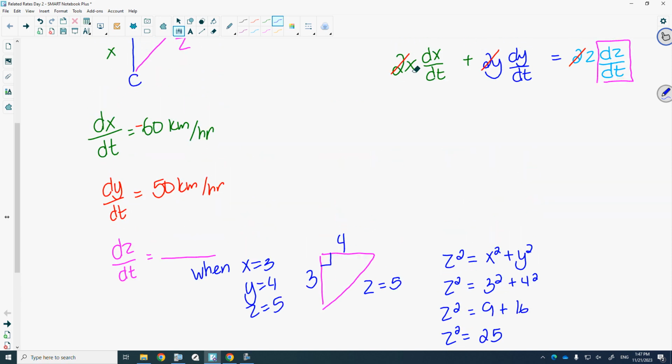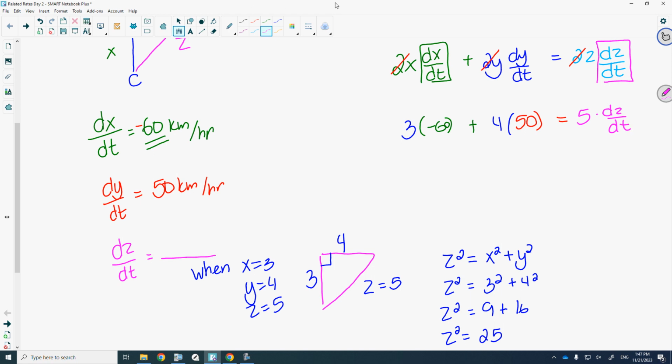Okay, so x was 3. So that was when the car was 3. Dx dt was negative 60. Plus y was 4. Dy dt was 50. Is equal to z we just calculated to be 5. And dz dt is what we're looking for.